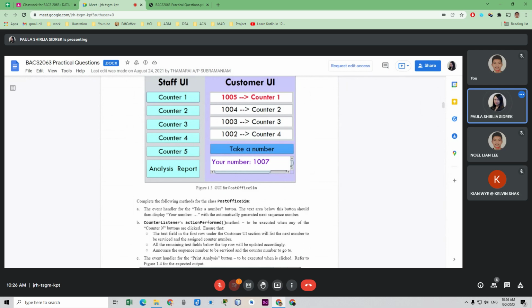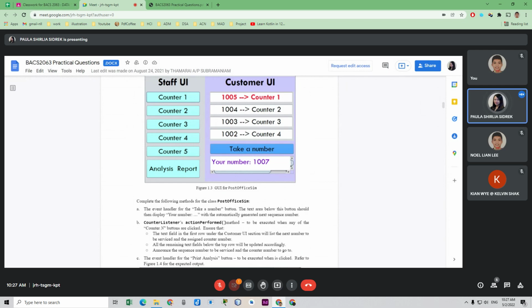Okay, so this is counter 1, counter 2, counter 3, counter 4. Your number is 1007. If this particular counter has already completed its task, then the next number in line will be 4, 3, 2, 1. Maybe your number 4, your 7 maybe, unless there is a number 6 here.